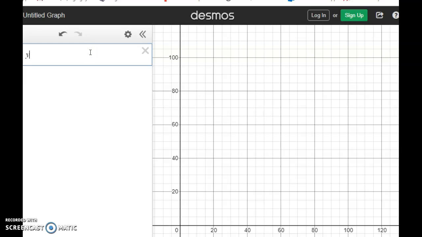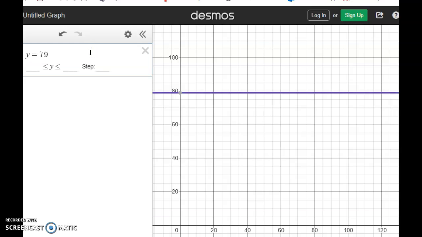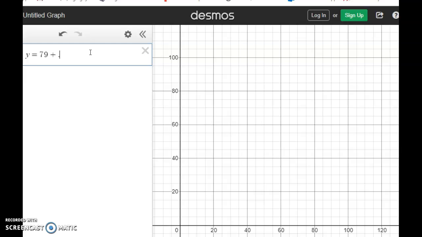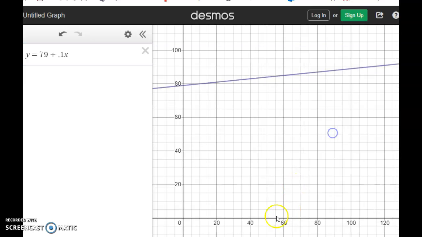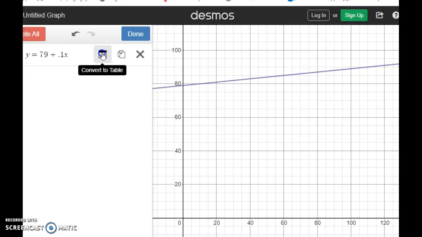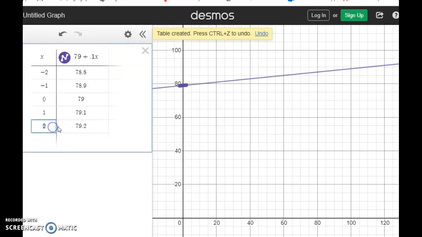So just typing in here, y equals 79 plus 0.1x. And instead of looking at the table and seeing when x is 50, instead of looking at the graph and seeing when x equals 50 and trying to approximate, even though that's exactly 84, I can create a table, hit that wheel, hit that thing, just right here, and change your numbers to 50.